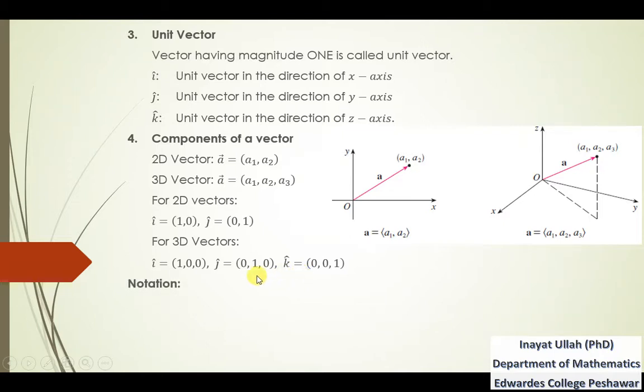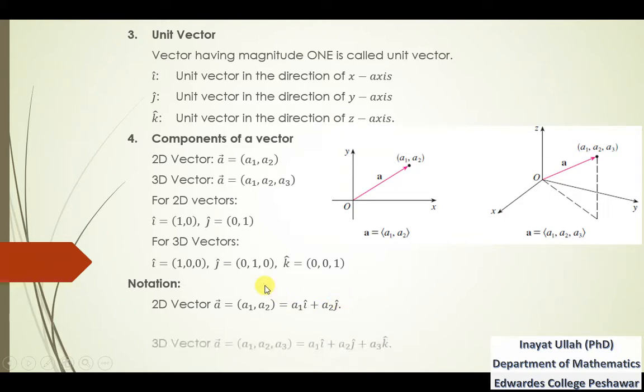We have got two notations for a vector. The first notation is called the ordered pair notation, and that is the ordered triple notation for a vector. Instead of an ordered pair and ordered triple, we can denote these two vectors in ijk notation. For example, this vector A, which has ordered pair notation a1 comma a2, can be written as a1 into i cap, which is the unit vector in the direction of the x-axis, plus a2 into the unit vector in the direction of the y-axis.